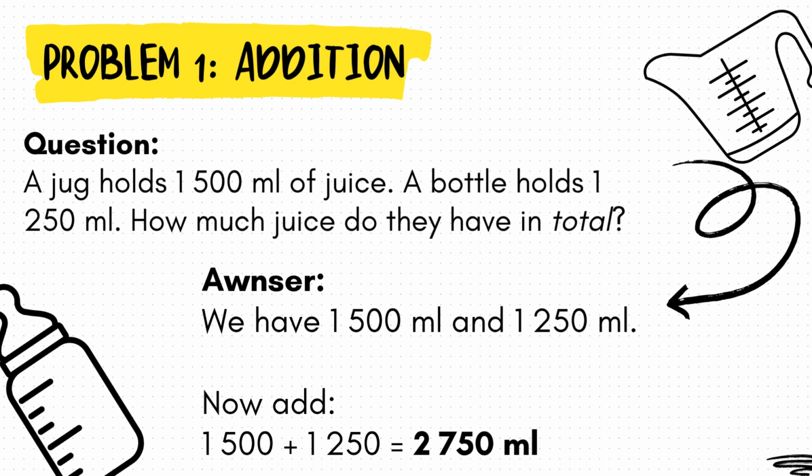Okay, our first problem. What we are going to do for this video is going to be about addition. So the question is, a jug holds 1,500 milliliters of juice. A bottle holds 1,250 milliliters. How much juice do they have in total?